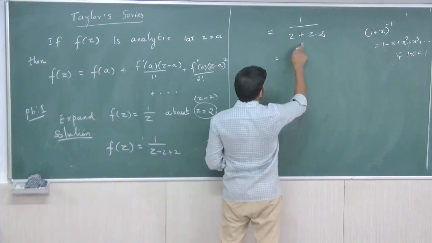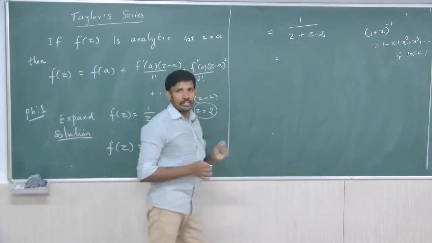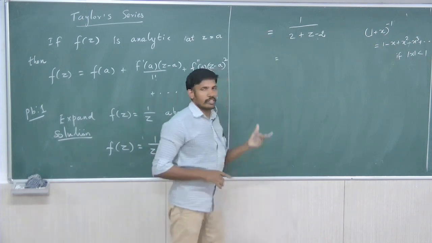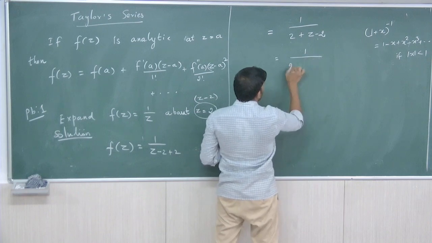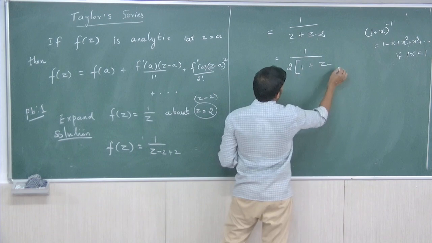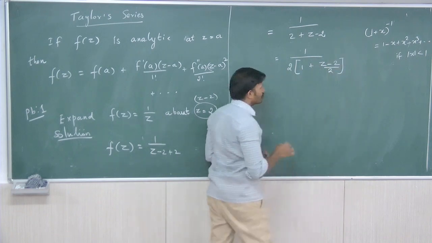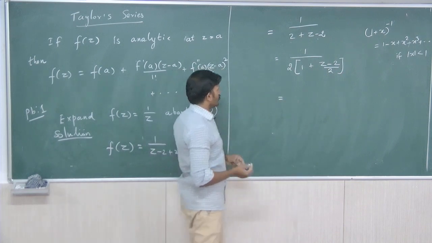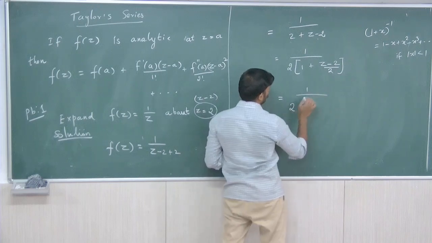If you want to use this expansion, you have to make the first term 1. So for that I am going to take 2 as a common term in the denominator. If you take 2 as a common term in the denominator, you get 1 plus z minus 2 divided by 2, which is equal to 1 by 2.